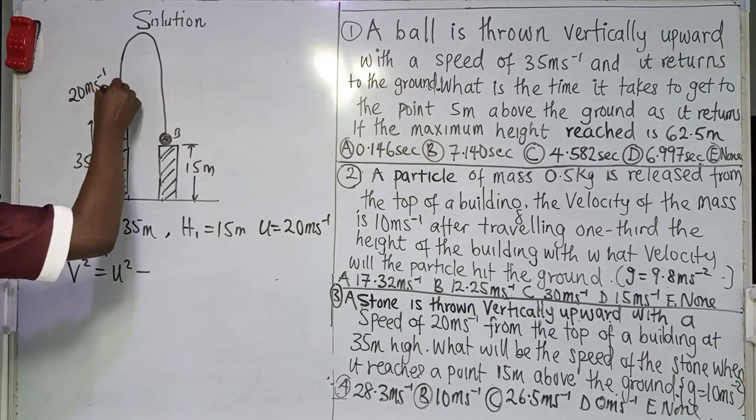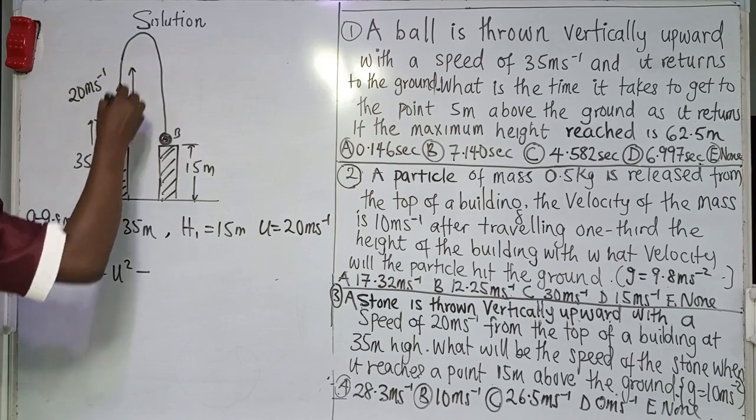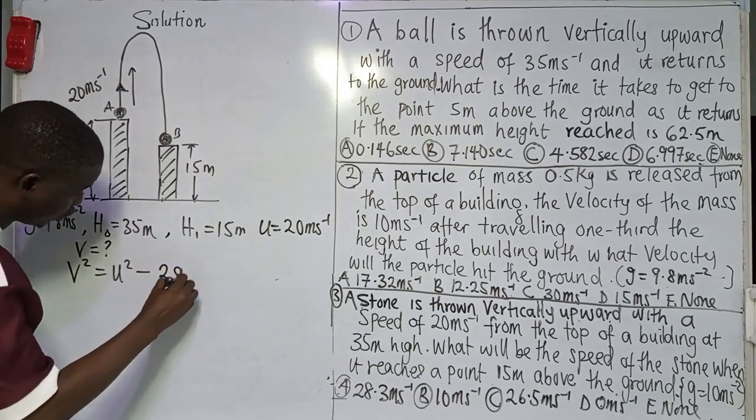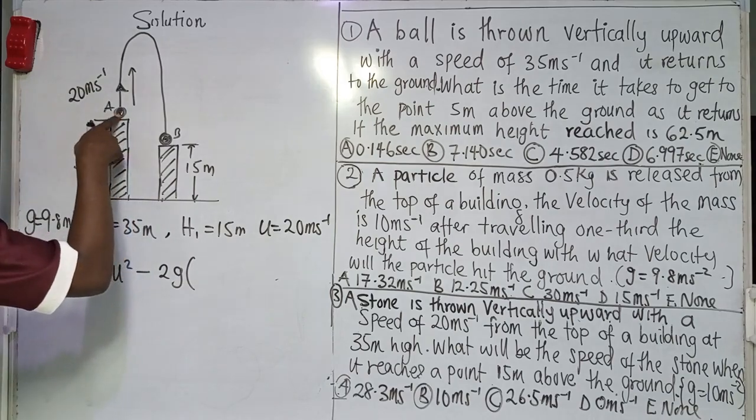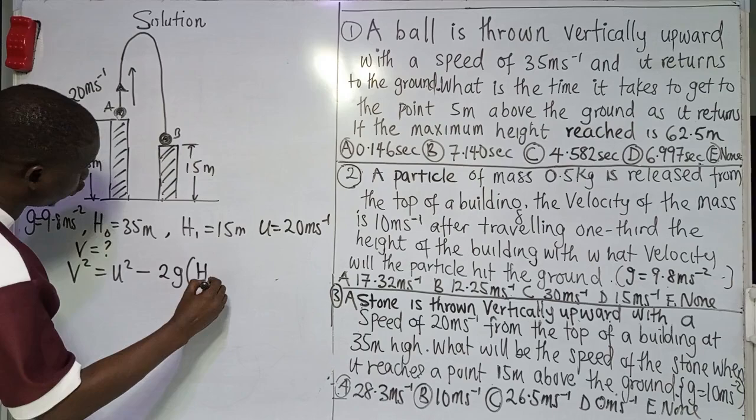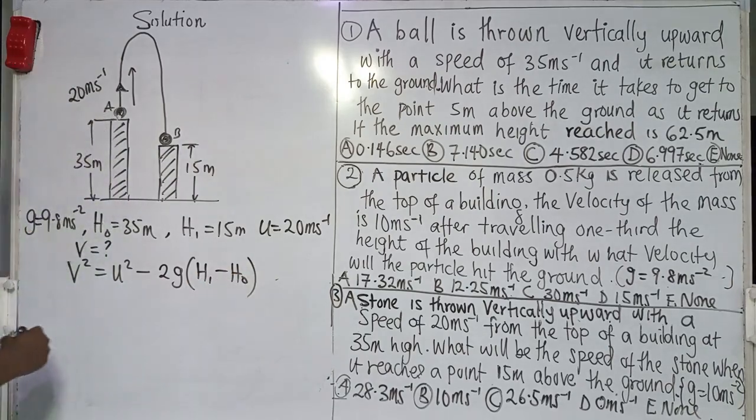Why is it minus? It is moving against gravity here. The displacement from here to this place is H1 minus H0.